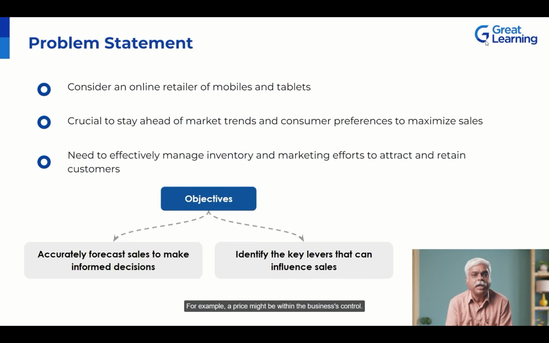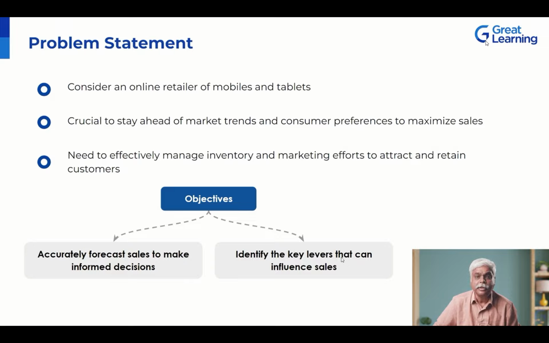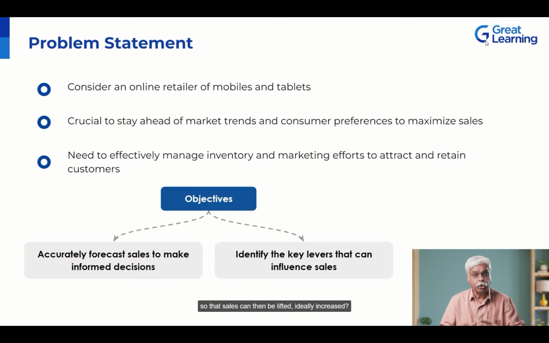For example, a price might be within the business's control. A level of inventory might be within the business's control. The amount of money spent on marketing may be within the business's control. These are things the business can change. They are levers. So now the question becomes, what are the levers that we can change so that sales can then be lifted, ideally increased.